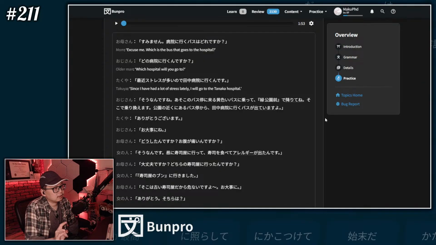So if you ride, so this is notte. Notte is being used as a reasoning, so it's a reasoning conjunctive. So basically, if you ride the yellow bus, right?